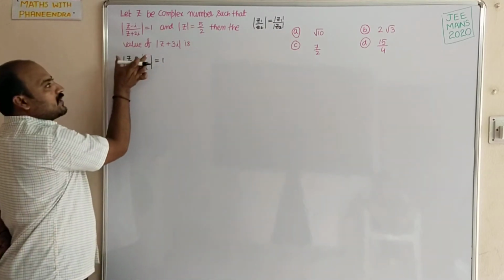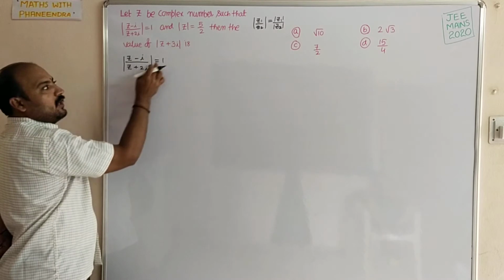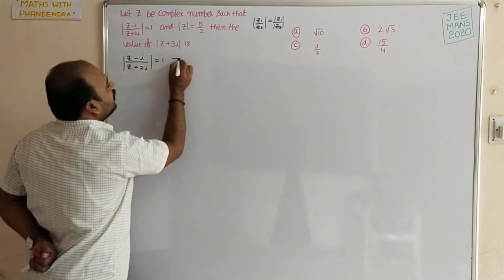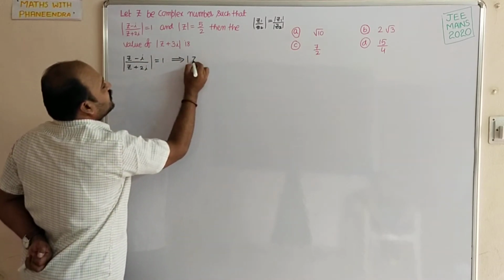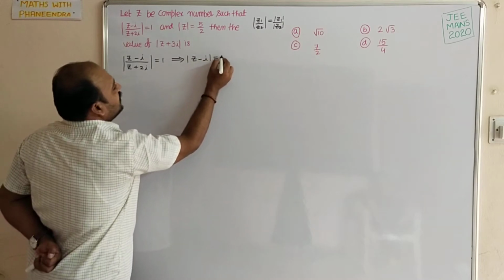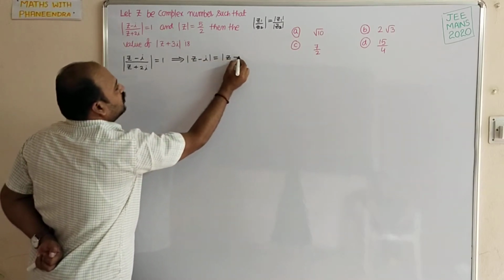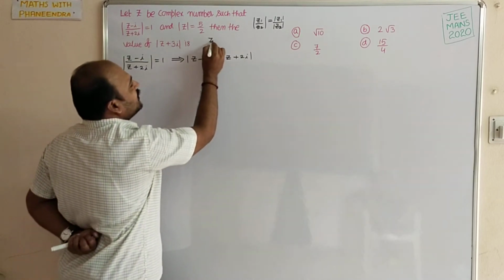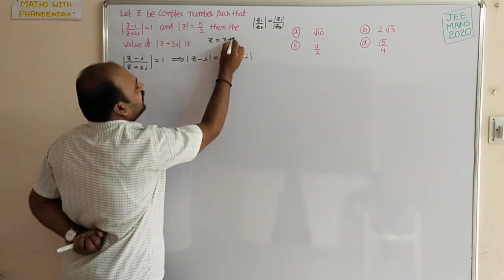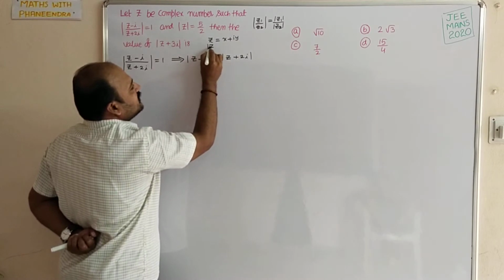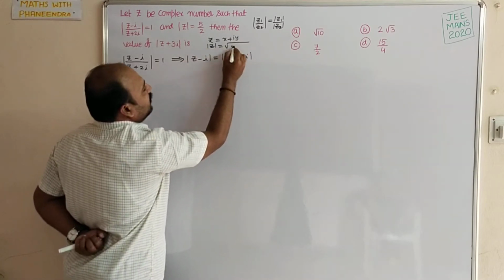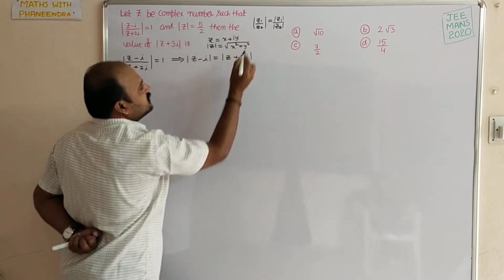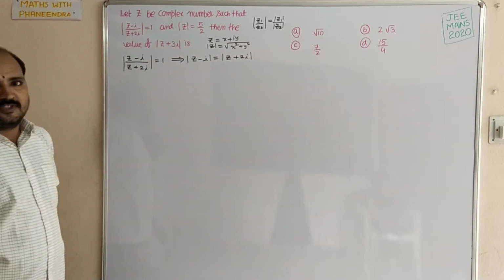So mod (z minus i) by mod (z plus 2i) equal to 1 means cross multiply, both are equal. So mod (z minus i) is equal to mod (z plus 2i). After that, we know that z is equal to x plus iy, and mod z is equal to square root of x square plus y square. This is the magnitude of a complex number.